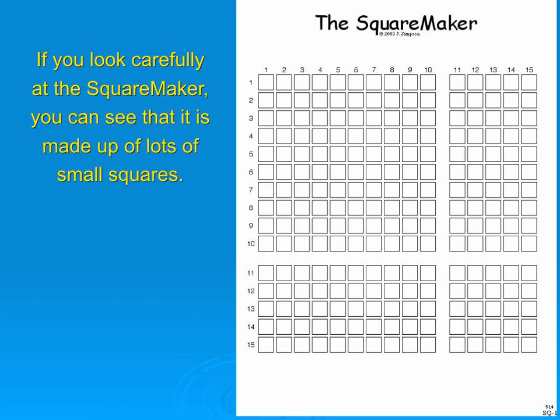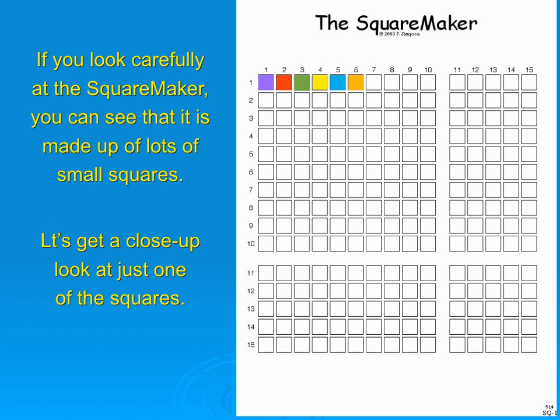If you look carefully at the square maker, you can see that it is made up of lots of small squares. Let's get a close-up look at just one of the squares.